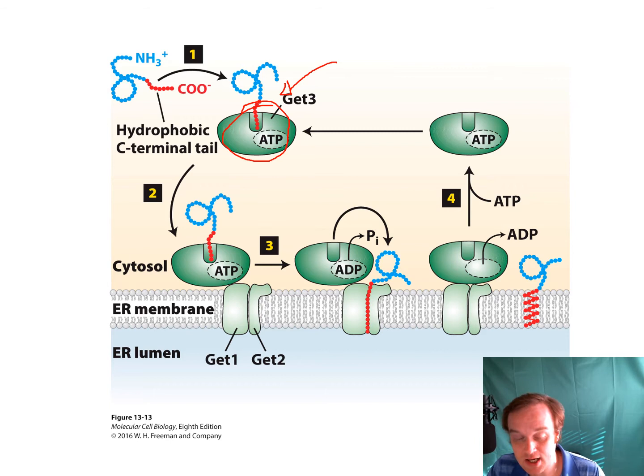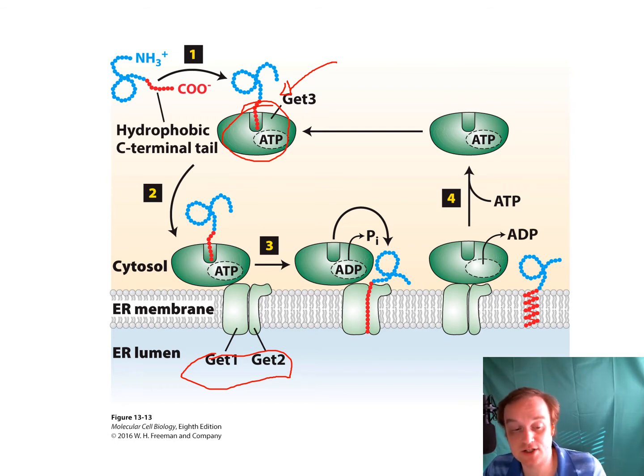Then in step 2, this GET3 ATP complex hydrolyzes ATP to help dock with GET1 and GET2, which are these transmembrane proteins. And during that hydrolysis, the hydrophobic tail of this tail-anchored protein is then transferred in between GET1 and GET2.